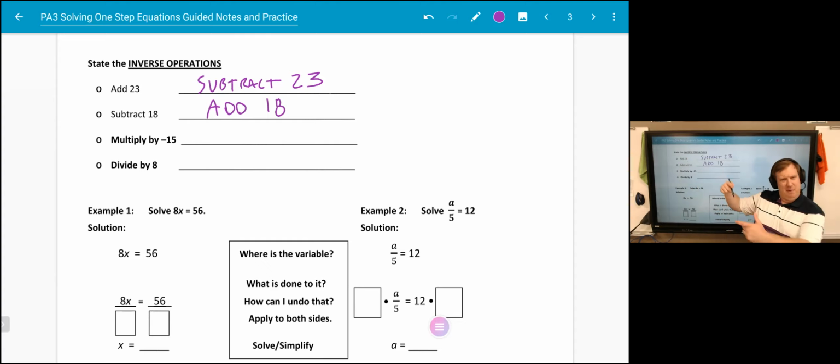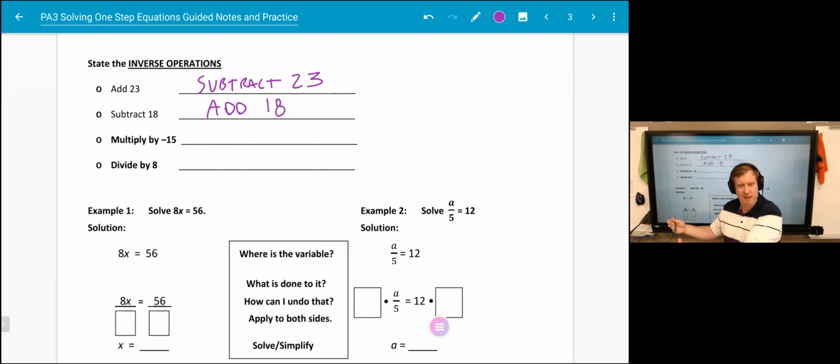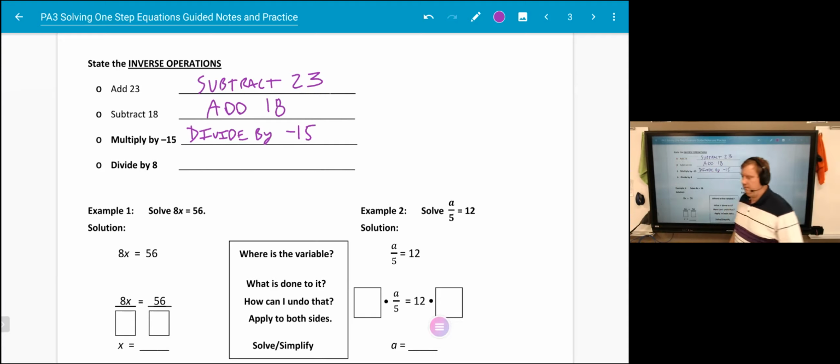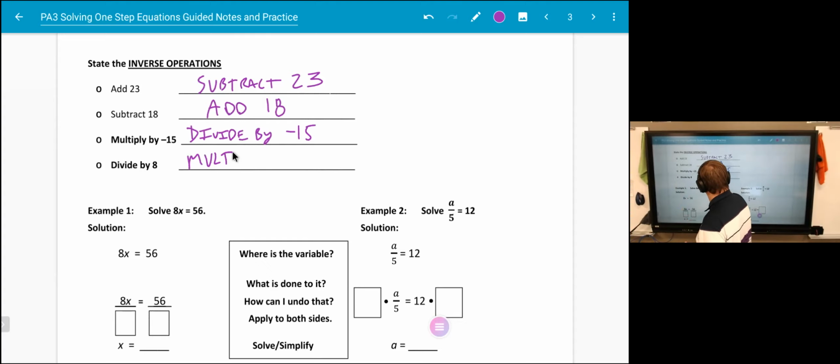And now we're into that multiplication and division part, right? If I'm multiplying by a negative 15, to get rid of that multiplication, I need to divide by negative 15. And if I'm dividing by 8, the way to get rid of division is to multiply. So I would have to multiply by 8.